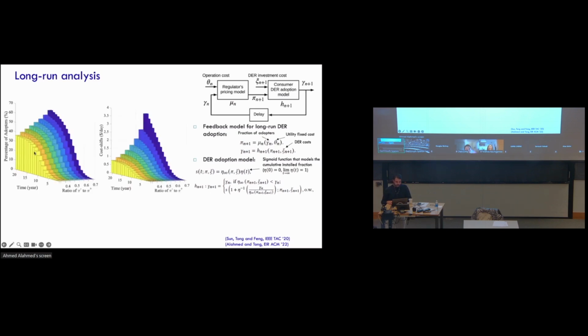This is one of the figures we have in the paper where we plot, for 20 years ahead, how the percentage of adopters is going to look like in the next 20 years. The same goes for cost shifts. Also, we can comment on the long-run outlook.